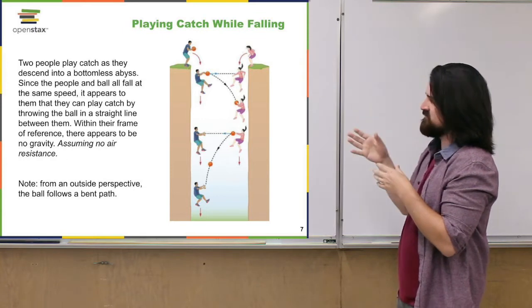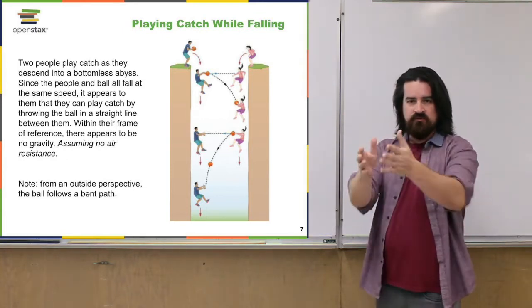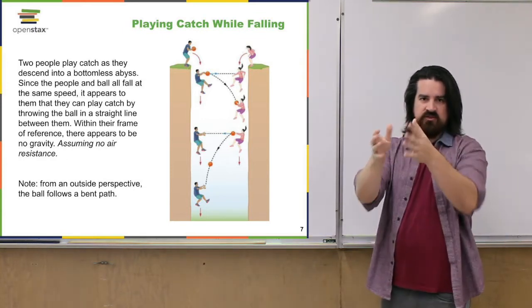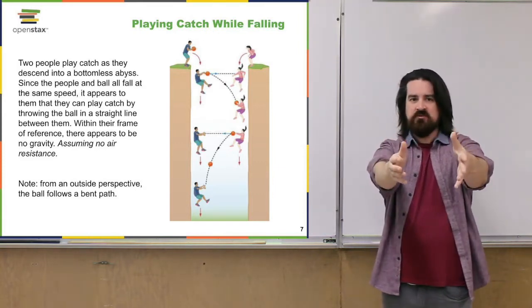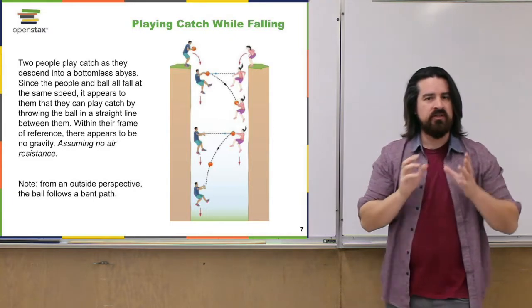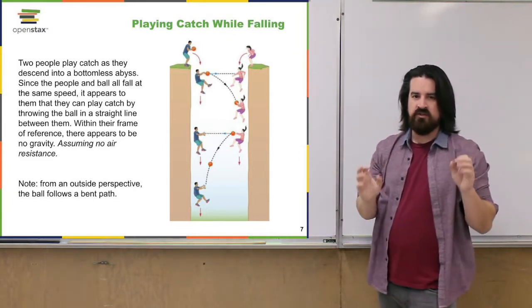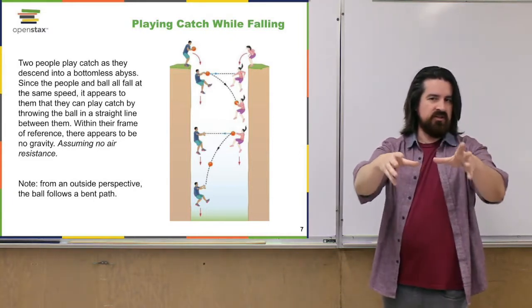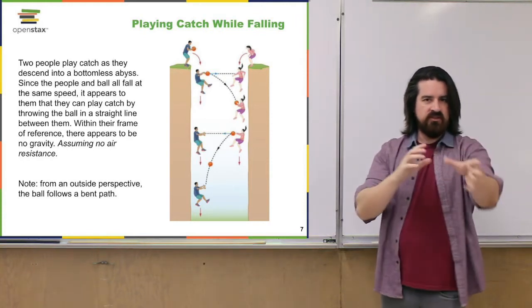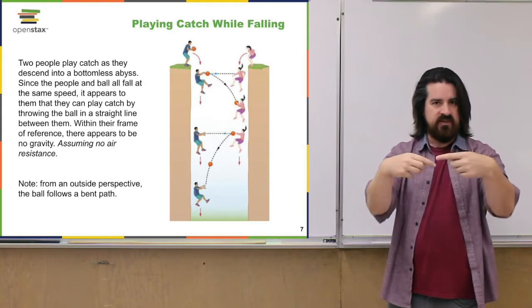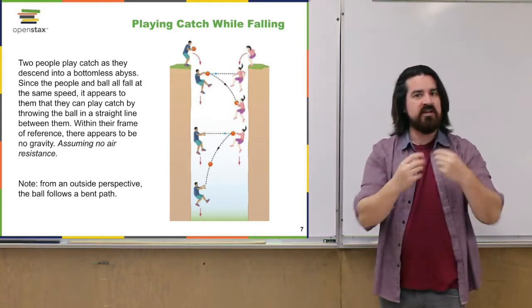And from their perspective, neither of them are moving relative to each other. I just look across and I see this person still constantly at the same distance away from me. And so when one of them throws the ball at the other, there's no need to arc the ball. They just push it straight at the other person. From their perspective, it moves straight from them to the other person, and the other person catches it.